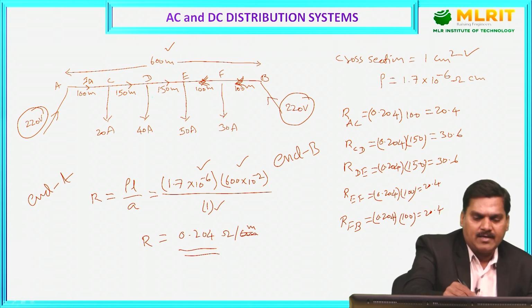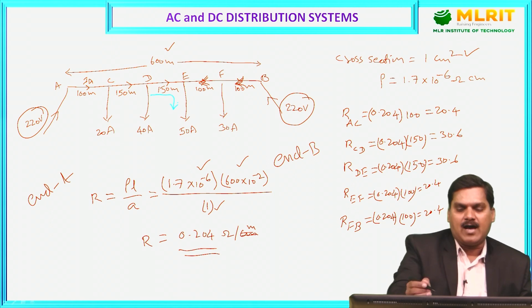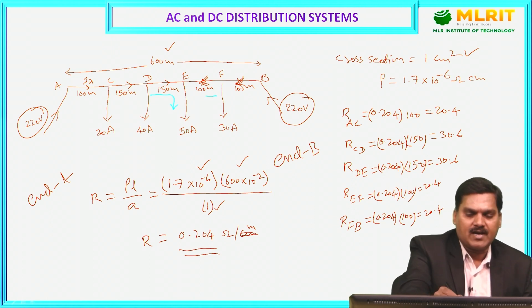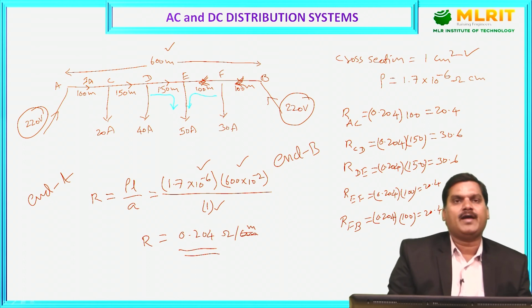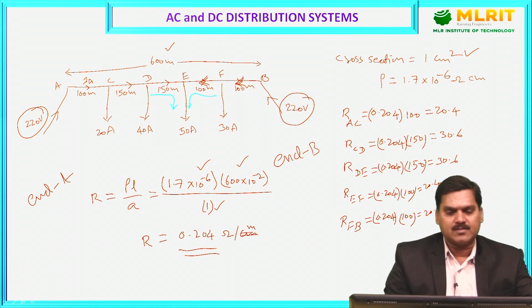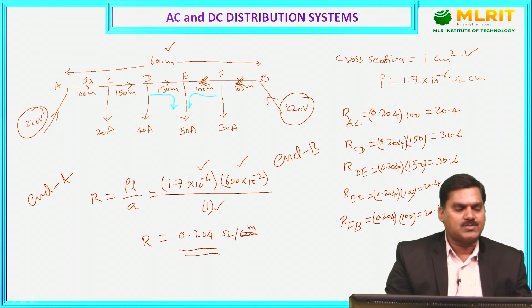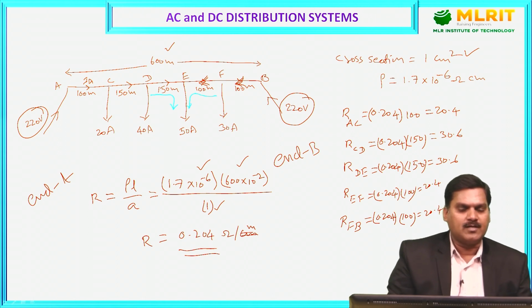So finally this feeding point is feeding current like this, and this end is feeding current like this. Finally the currents will flow into point E from the two directions. By this we can say there is a minimum voltage point in the distributor, that is at point E.